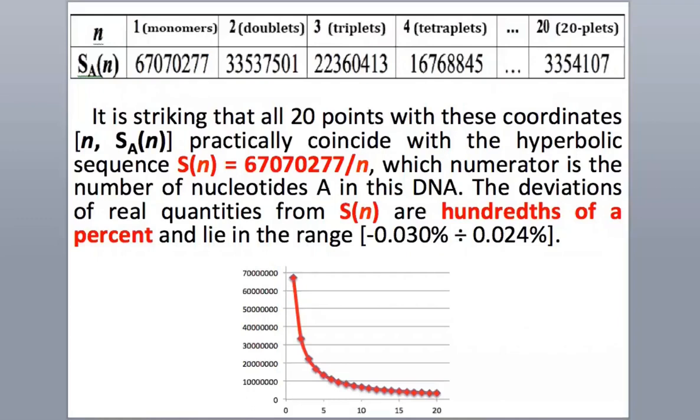The deviations of real quantities from this sequence are hundredths of a percent and lie in the range from minus 0.030% to 0.024%.